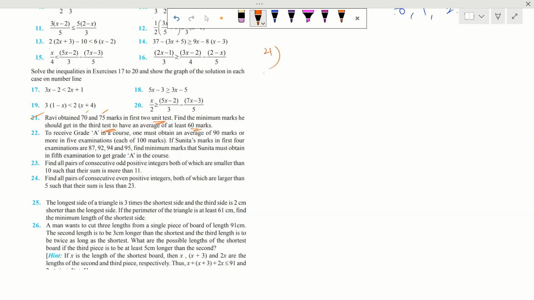So in three tests, Ravi will write three tests, one, two, and three, and after adding the three tests, he should get an average of 60.